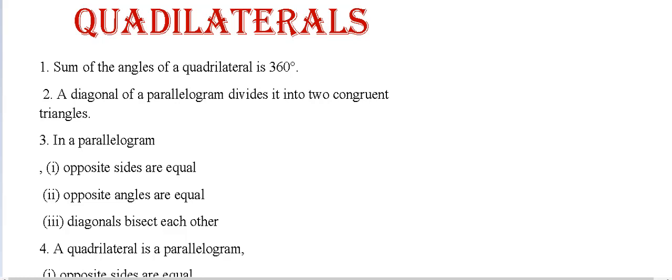As we all know, a quadrilateral is a four-sided structure. What does this quadrilateral mean? A quadrilateral has four sides, four vertices, and four edges.